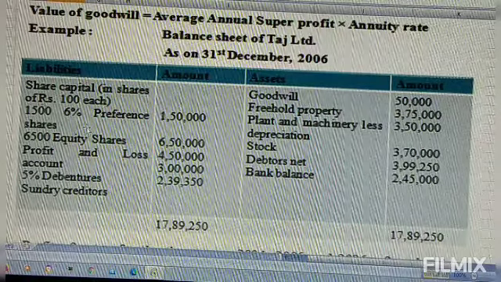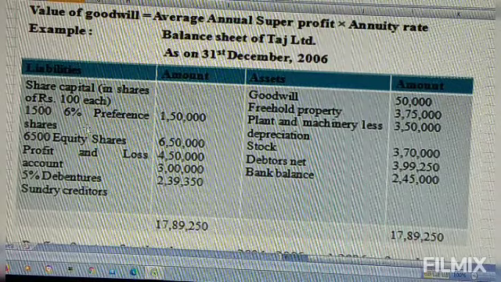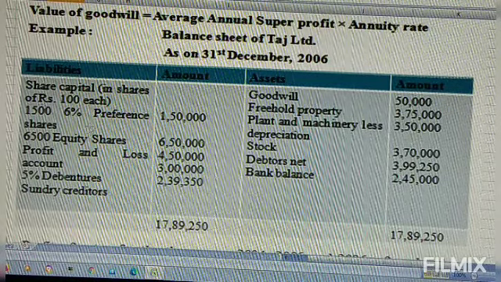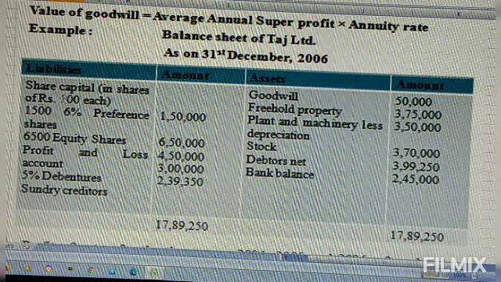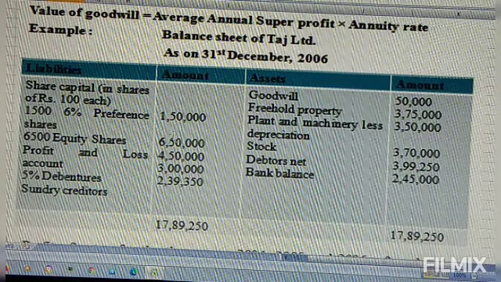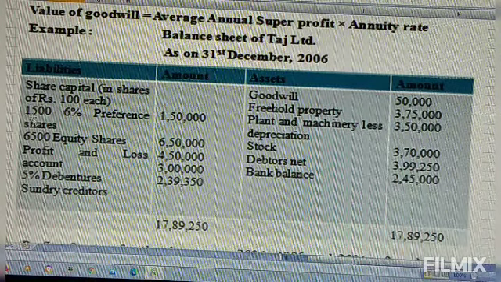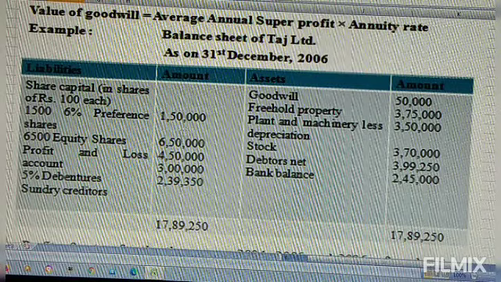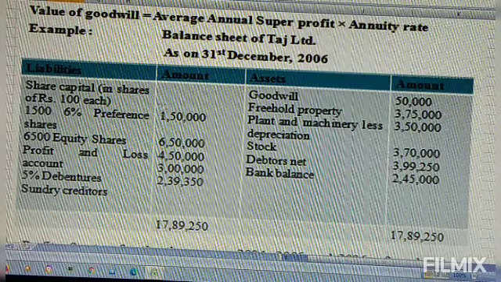The 6% is the rate of dividend allowed on the preference shares. So the preference share capital is 1,50,000.